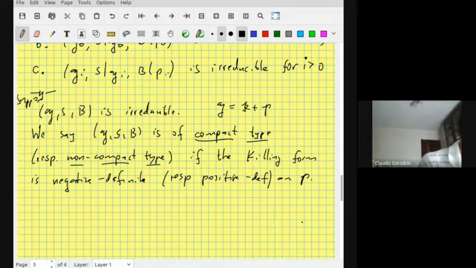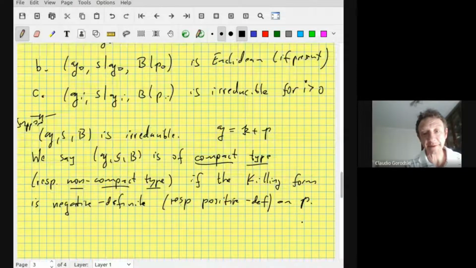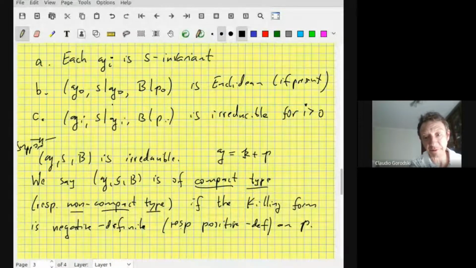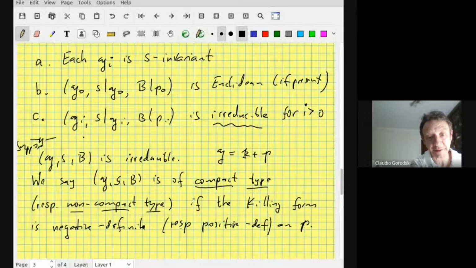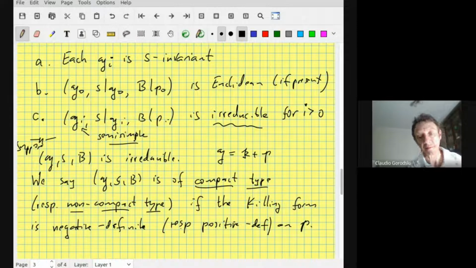So, in fact, I should say also that in the irreducible case, these G_i are semi-simple. And right.